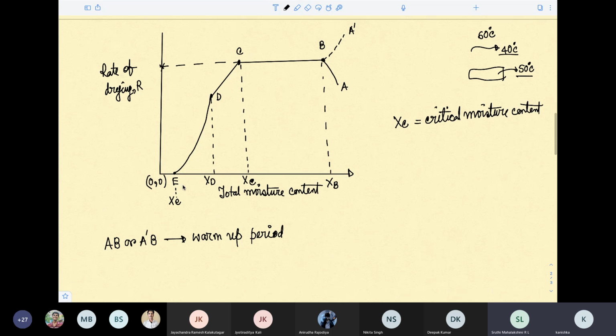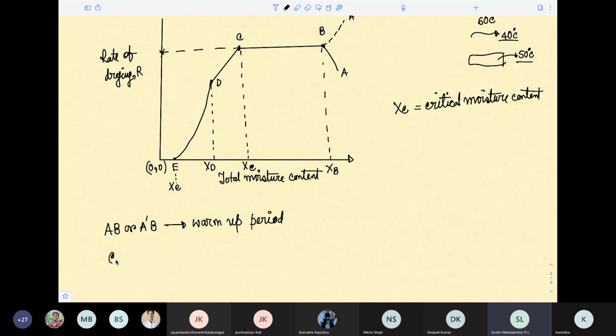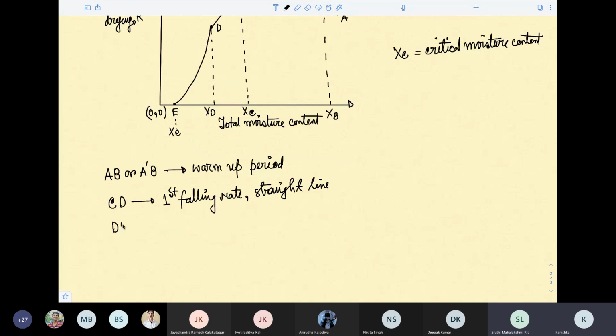C to D is the first falling rate, a straight line. D to E is the second falling rate, concave upwards.